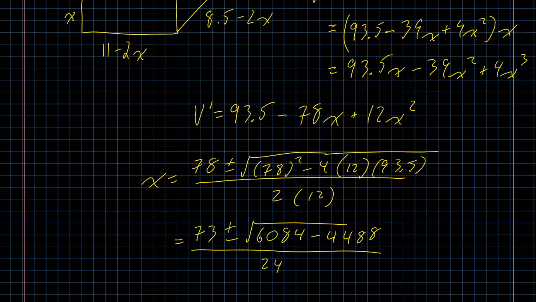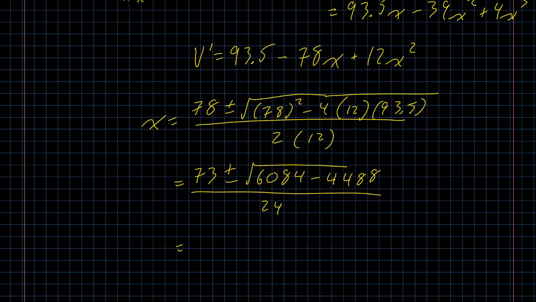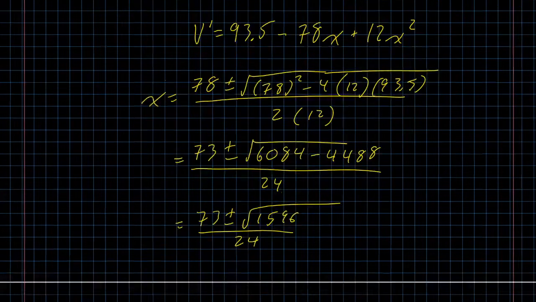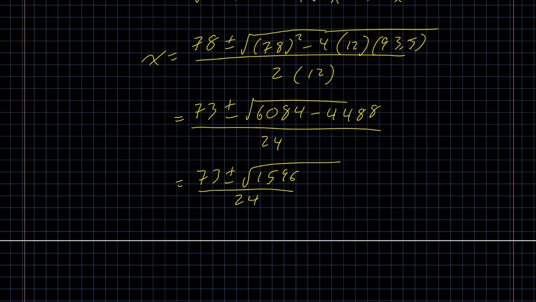And 2 times 12 is 24. 6,084 minus 4,488 is 1,596. And the square root of 1,596.